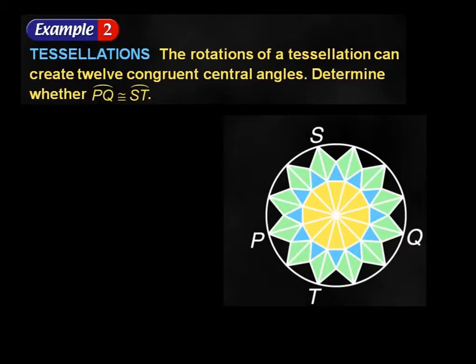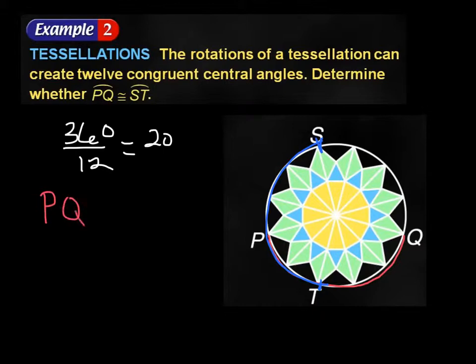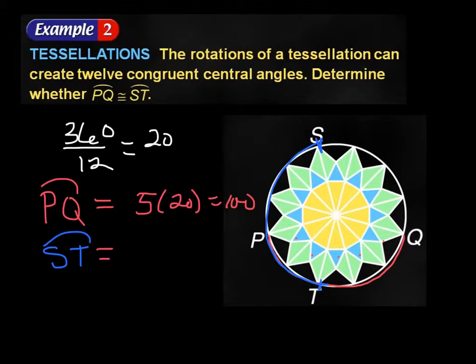Determine whether arc PQ is congruent to arc ST. If we take 360 and divide by 12, we get the measure of each central angle, 30... er, each one of those angles. Arc PQ is made up of 5 of those angles, so 5 times 20 is 100, and arc ST is made up of 1, 2, 3, 4, 5 also. So this one works. They are the same.